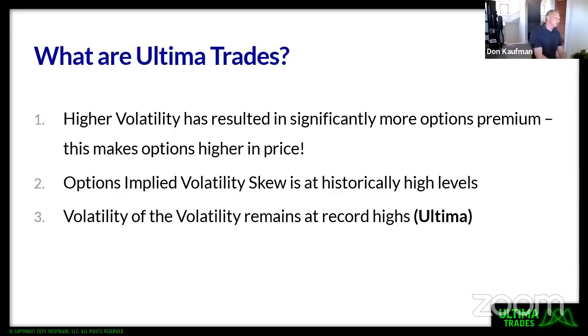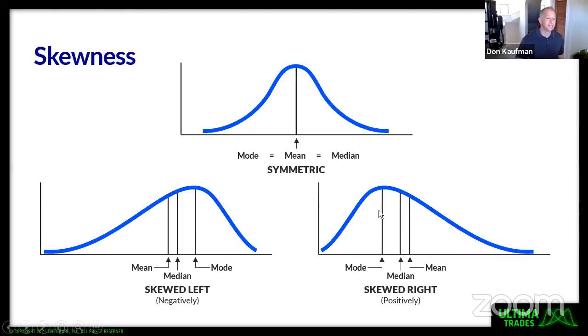You can look at Vega, and then Vega has Vomma, and then Vomma has Ultima. And Ultima is why there's edge in today's marketplace. It's the volatility of the volatility of the volatility. You can't even make that up. People, that's what's tweaked right now, and that's actually what's working in this business.